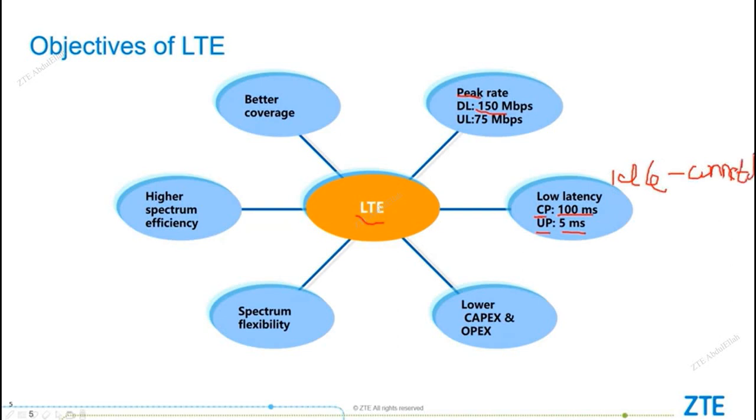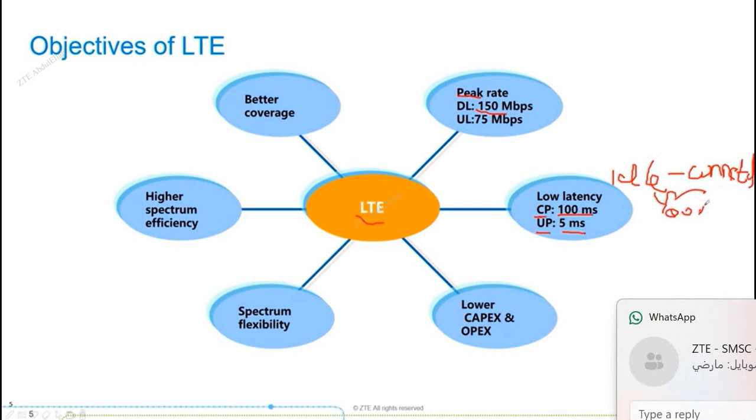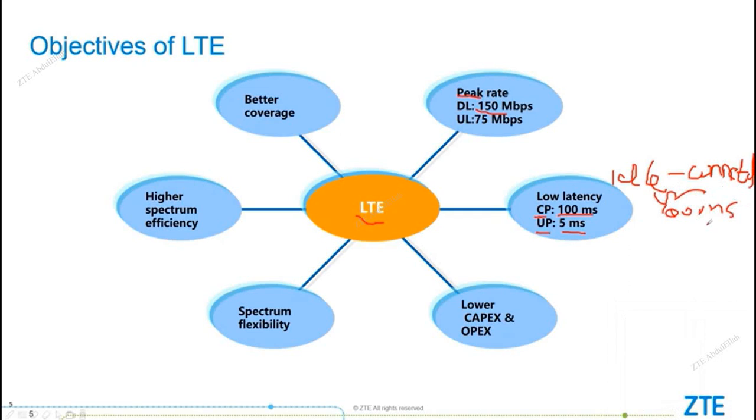This time it needs 100 milliseconds. Okay, 100 milliseconds. From idle mode to connected mode, we need 100 milliseconds. Of course, from idle mode to connected mode, they need to transmit several signalings.